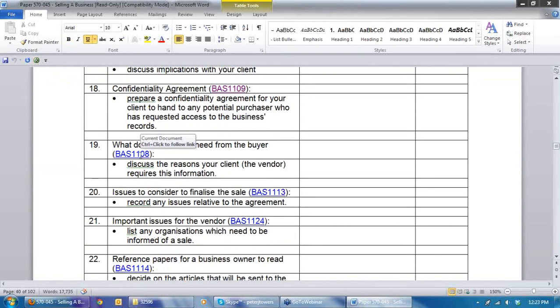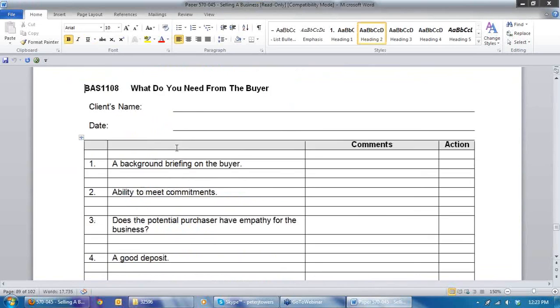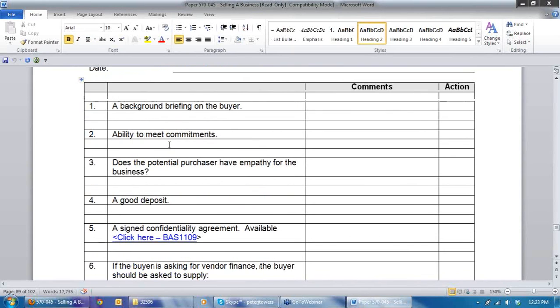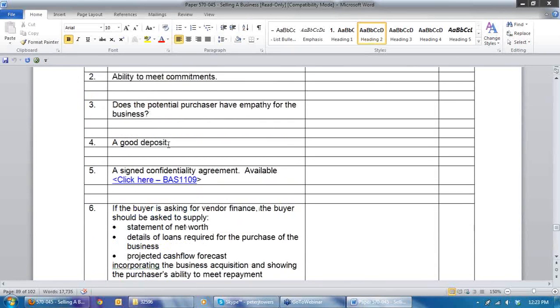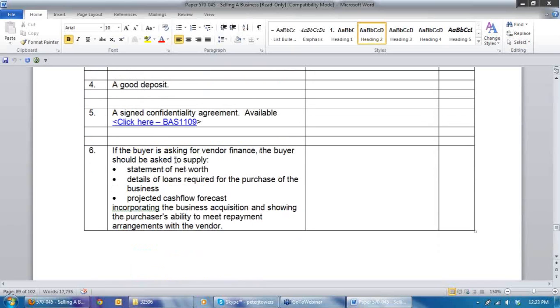What does the vendor need from the buyer? It's not just what the buyer needs. I think it's very important, as more and more sales are going through on vendor finance, the vendor needs to understand something about the buyer. Is he going to have the ability to meet commitments? Is there empathy? Are they paying a good deposit? Have they signed the confidentiality agreement?